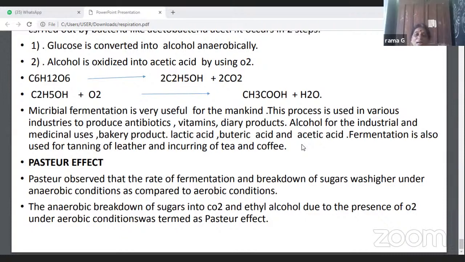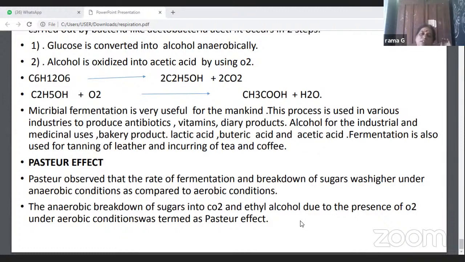Under anaerobic conditions, these sugars release a higher amount of energy than under aerobic conditions. That means anaerobic conditions play an important role by utilizing the microbes, which is why they release more energy than the aerobic situations.